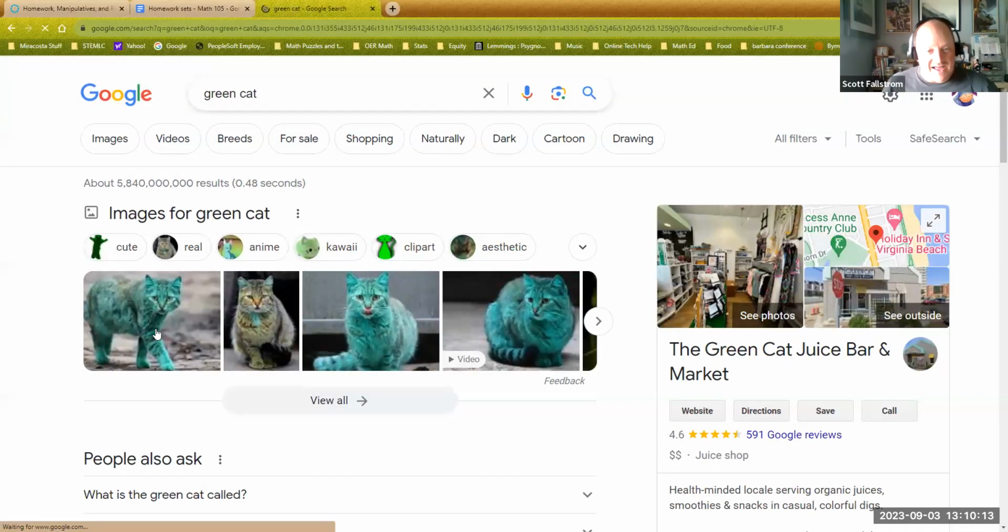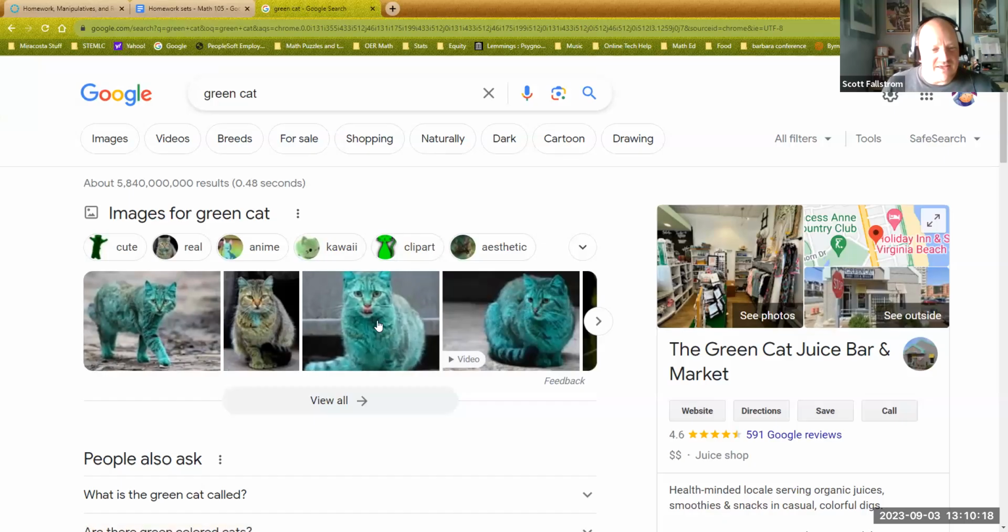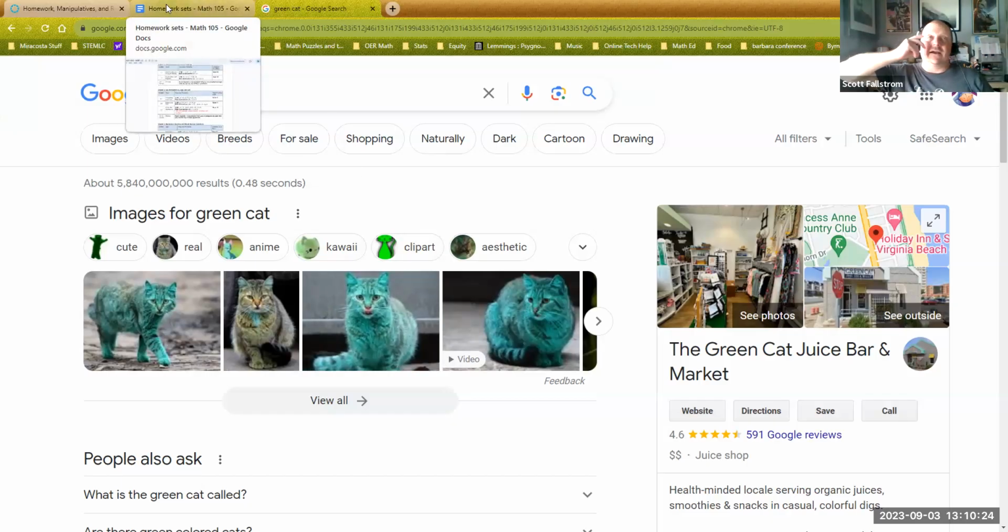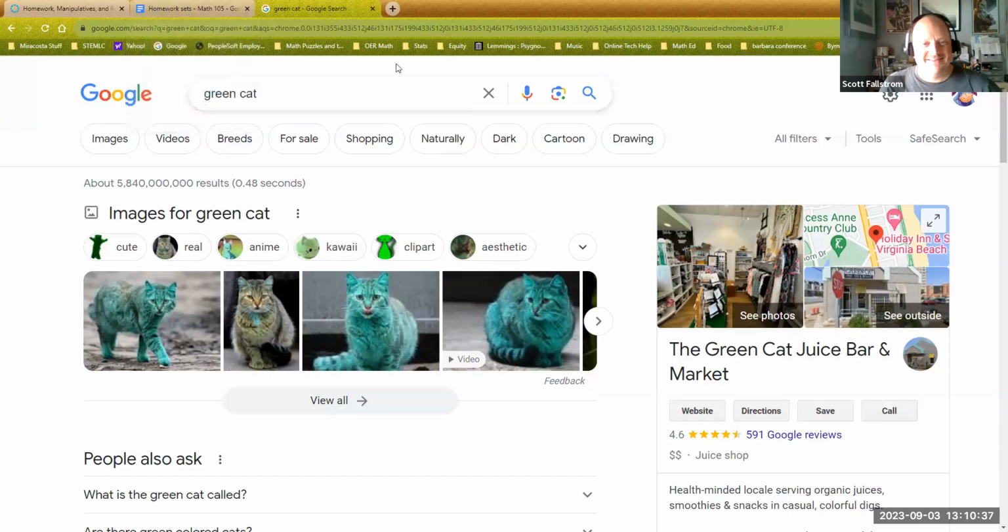Yes, still there. It turns out the cat was living near a chemical plant. This chemical plant produced some byproduct, and the cat was sleeping in this and turned its fur completely green. So anyway, that's the story.